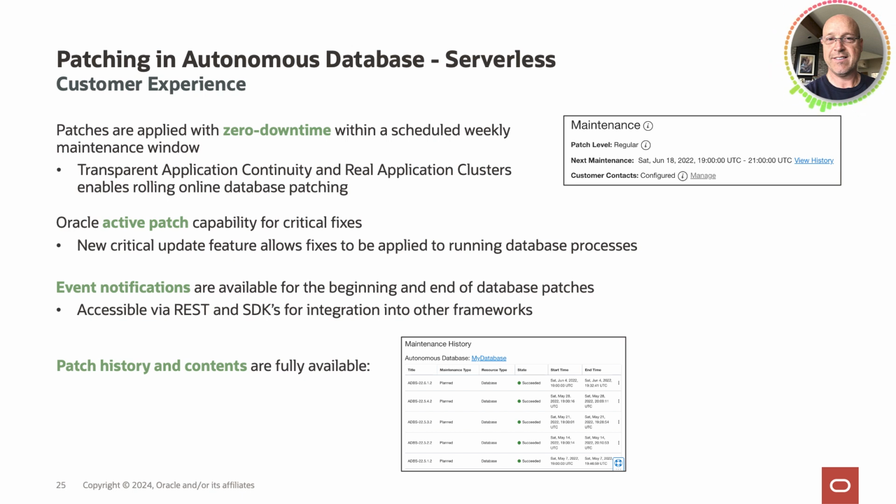It's not something we can do for each and every kind of patch, right? So that's why we have these weekly patches, but many critical fixes we can just inject. And then there are event notifications that you'll hook into, and I'll talk more about that, that can let you know about these patching activities that are going on, and you can review the full history of what's happened.